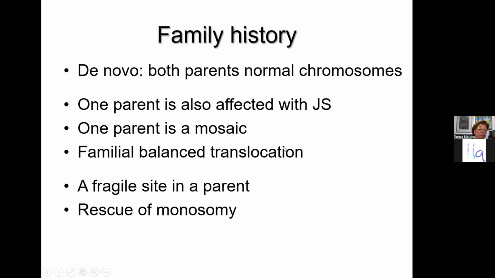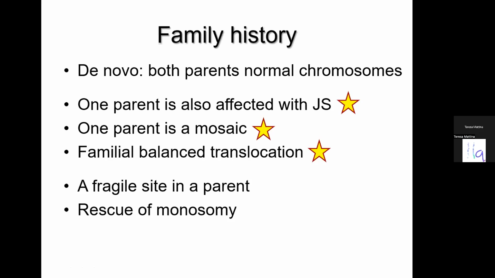There may be a familial balanced translocation. These three instances are at high risk of recurrence. Parents may have a fragile site, and there are few reports of rescue of monosomy. What does it mean? Two cases reported in the literature.